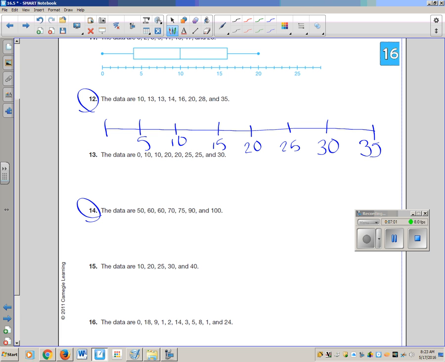So then you want to do the median, quadrant 1, quadrant 3, and the minimum and maximum.